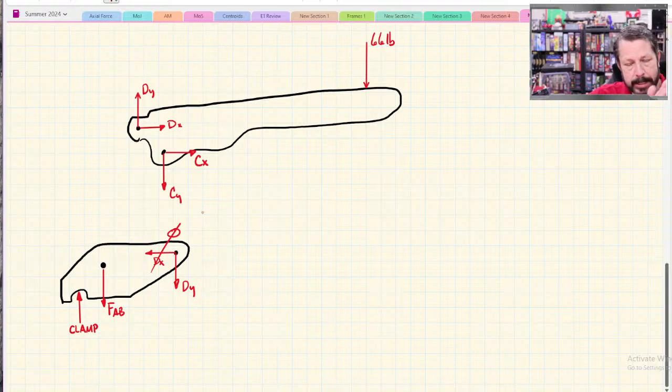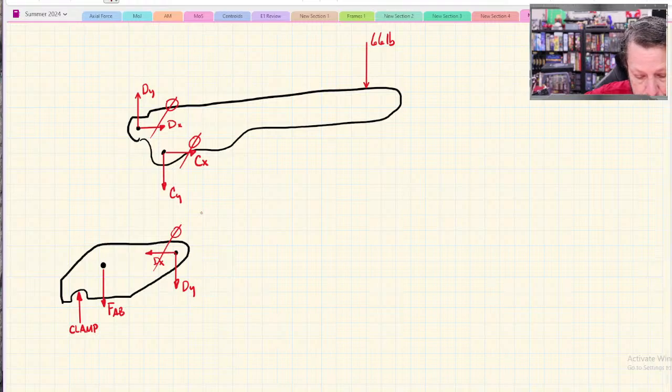If FAB or the clamping force was at some angle, that's a whole different thing that we probably can't solve with our knowledge right now. But once I make these assumptions, DX is 0 here, which means DX is 0 on this piece, which means CX has to be 0. So now suddenly I've got a set of problem pieces that are way easier to deal with.